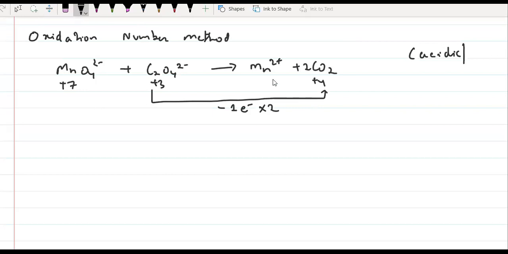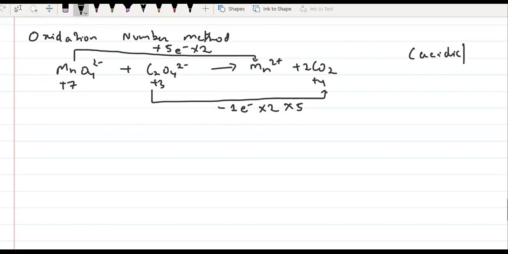Now let's see this Mn. This Mn is gaining 5 electrons. What should happen? Total electron is the LCM of this and this, so this should be multiplied by 5 and this should be multiplied by 2. Agree?